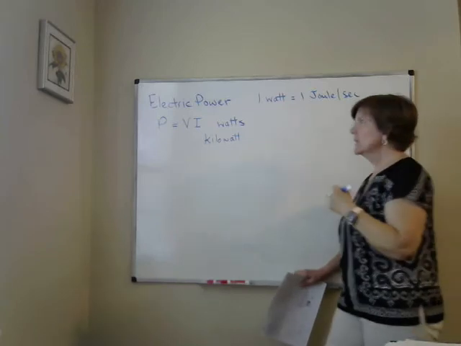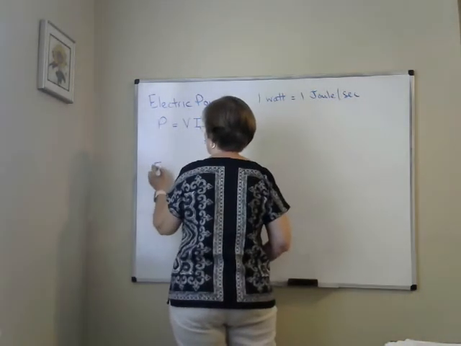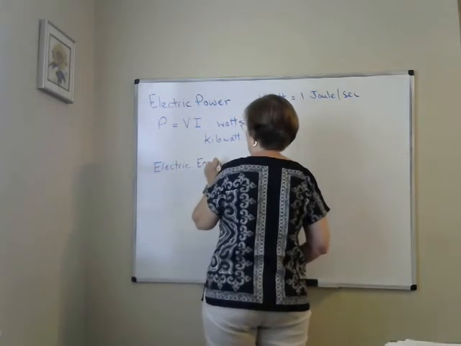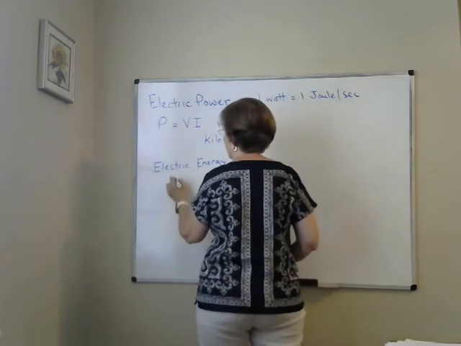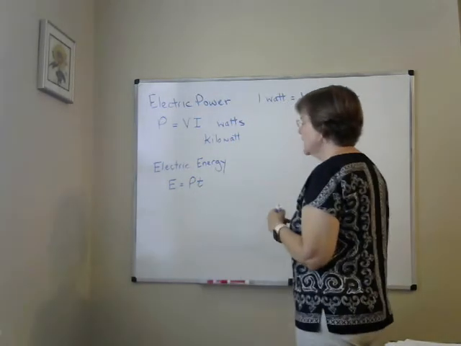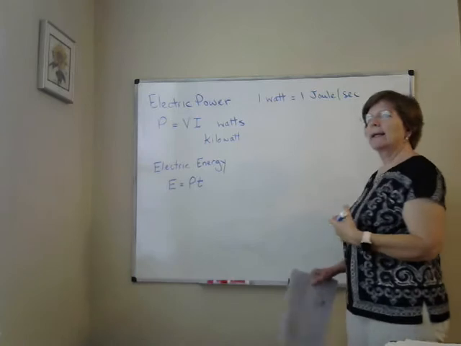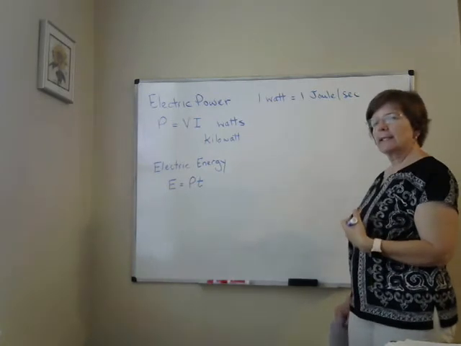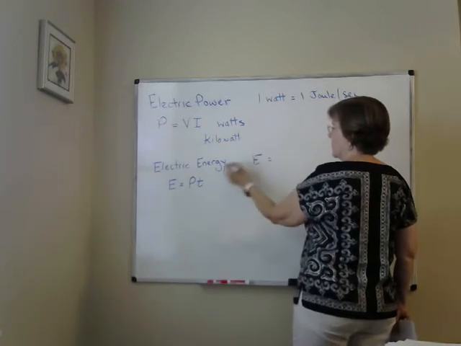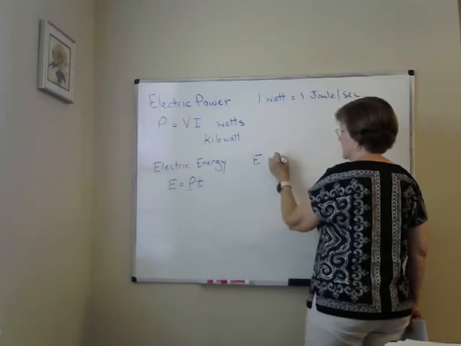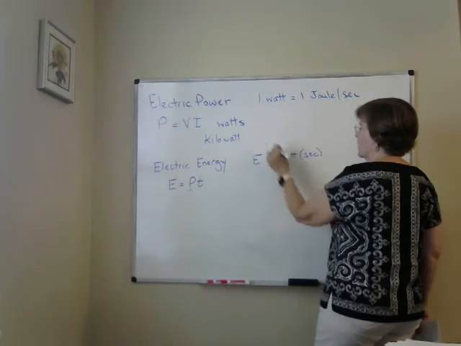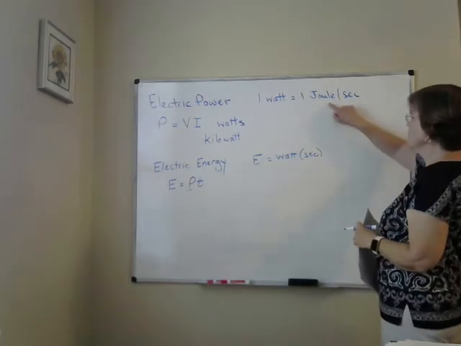Okay. If you want electric energy, you have to say electric energy is equal to power times time. Now, if we're working in watts and we want to work in seconds, then I know that a watt means 1 joule each second.